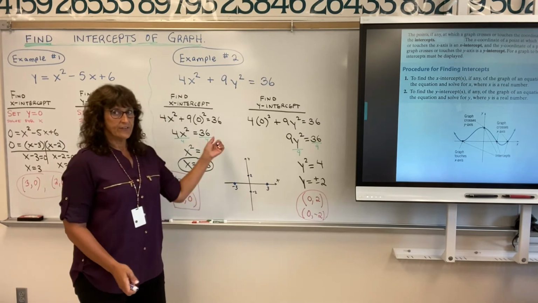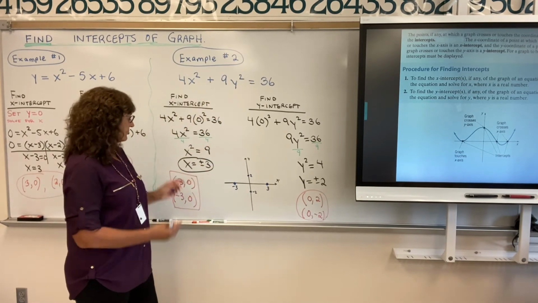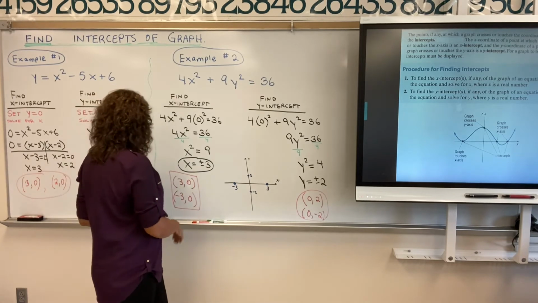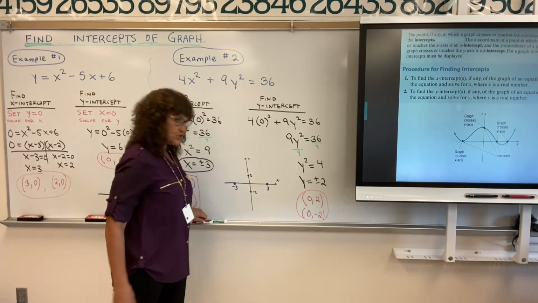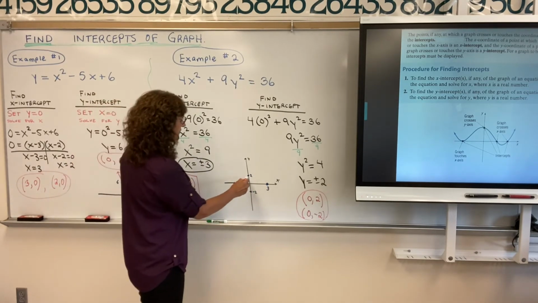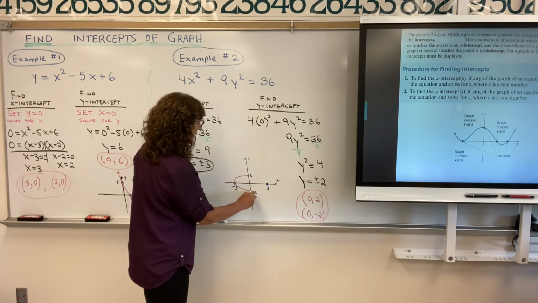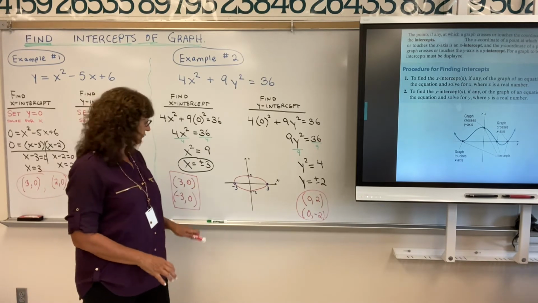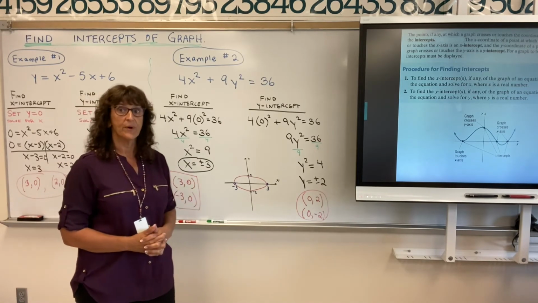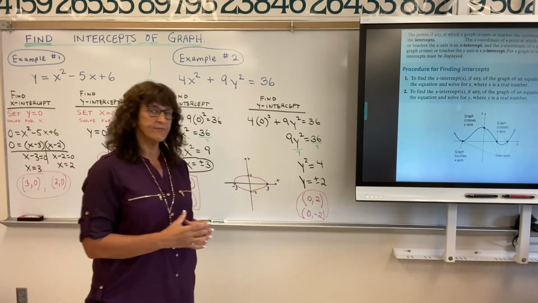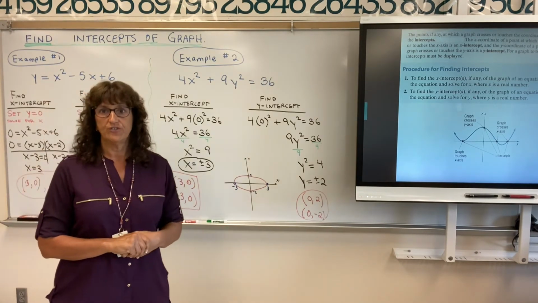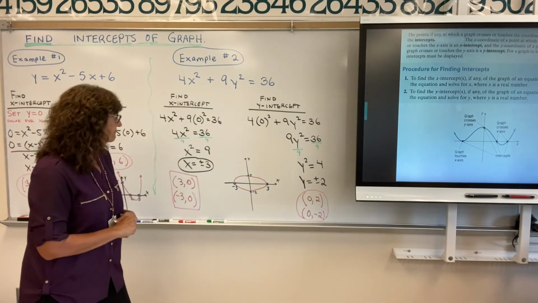This graph crosses the x-axis at plus and minus 3, and crosses the y-axis at positive and negative 2. So what does this look like? It just so happens that this curve right here is an ellipse, and those are the intercepts with the ellipse. Once you find the intercepts, you can go and look for the major axis and the minor axis. There's a lot of things you can do once you set that up.